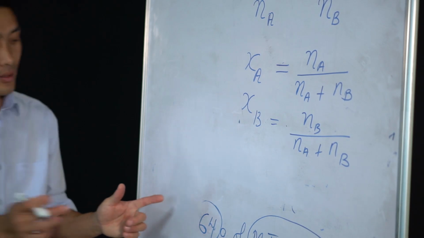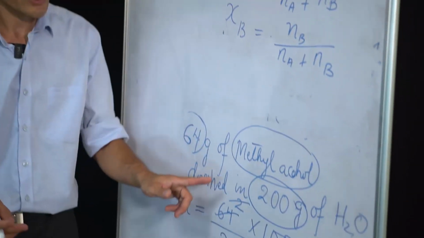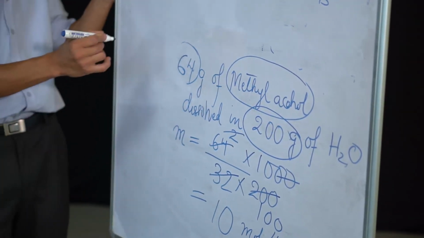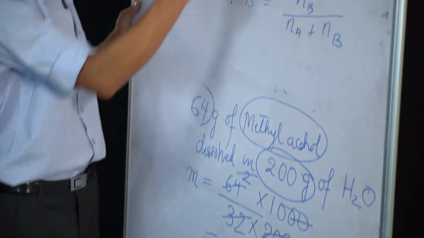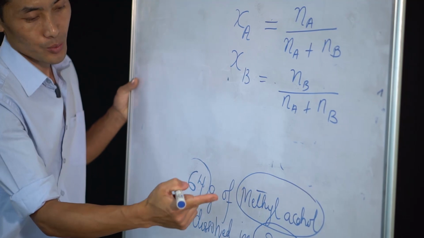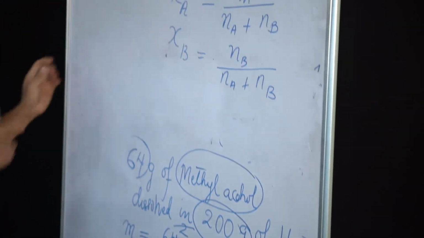So first we find the number of moles of methyl alcohol as well as that of water, and then finally we can calculate the mole fractions.